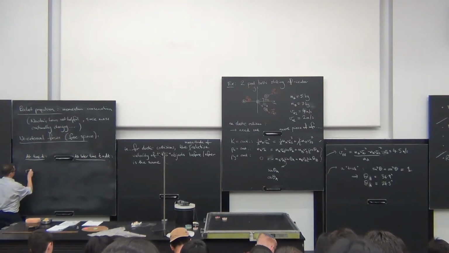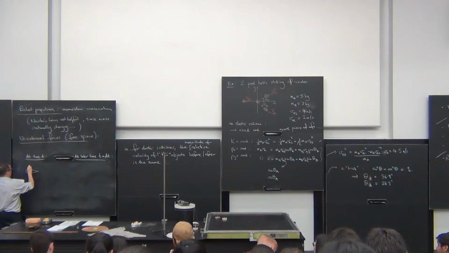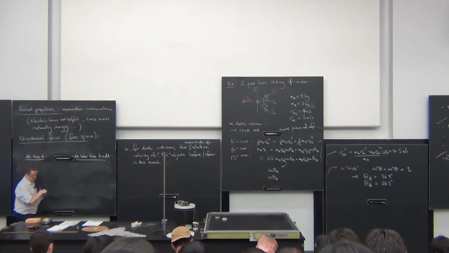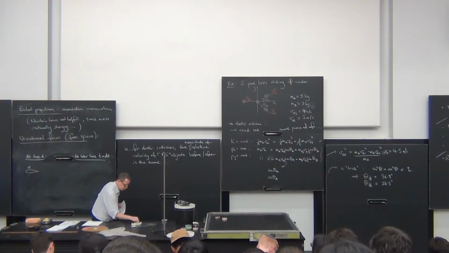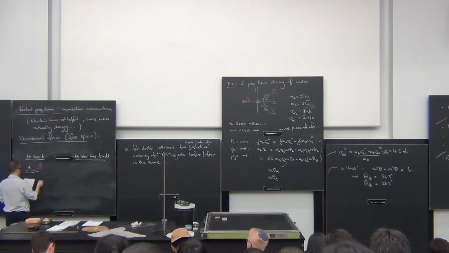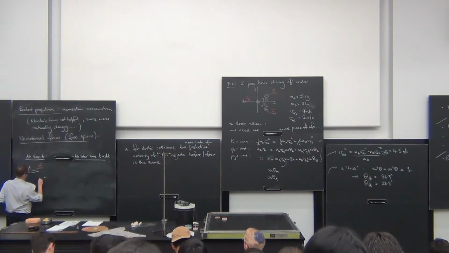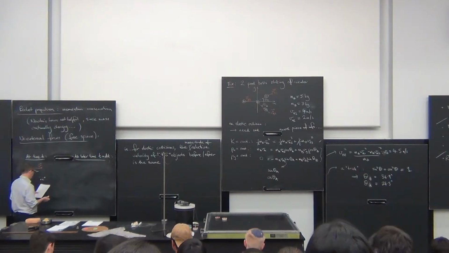Stylized rocket here, and we're going to start off with an initial mass and an initial velocity. Moving from left to right in my chosen coordinate system, I'm going to pretty much ignore the coordinate system right off the bat, but let's say this is in the plus x direction.